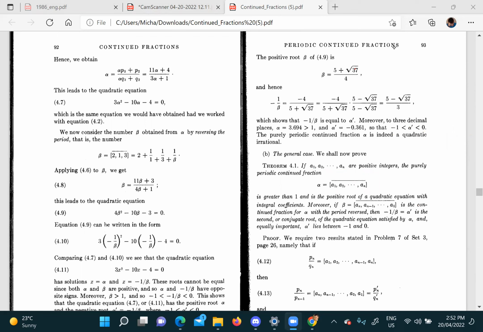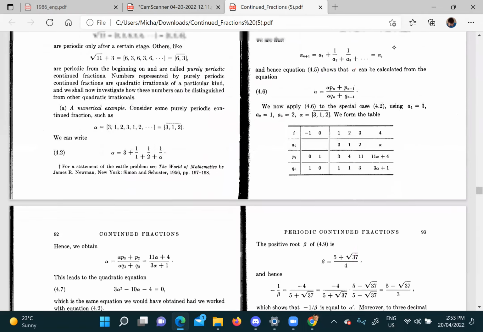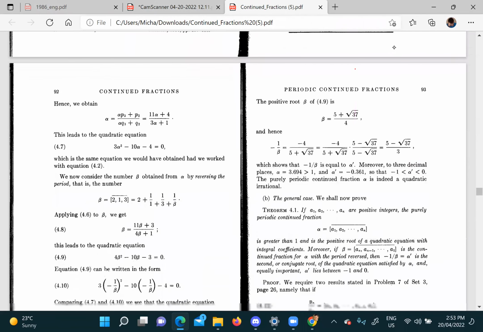So if you reverse it, from 312 to 213, you also get... it's claiming you get... the 4 and the 3 are swapped.